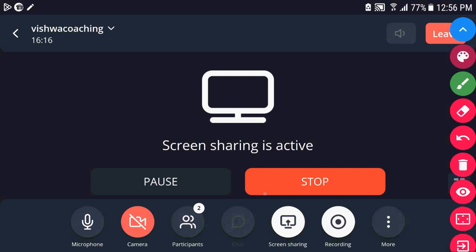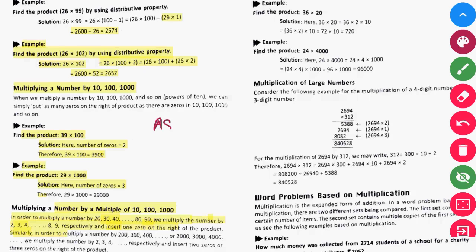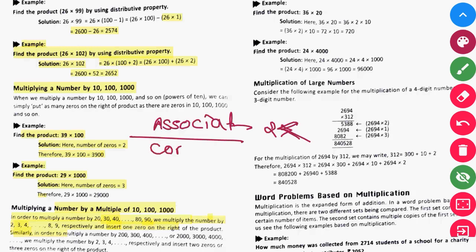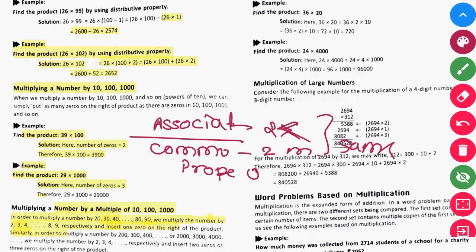We learn some of the properties of multiplication. In the associative property, order is not important for two numbers, or more than two numbers. Then the commutative property, in which two numbers multiplied in any order give the same product. Property of 0 means when a number is multiplied by 0, the product is 0.